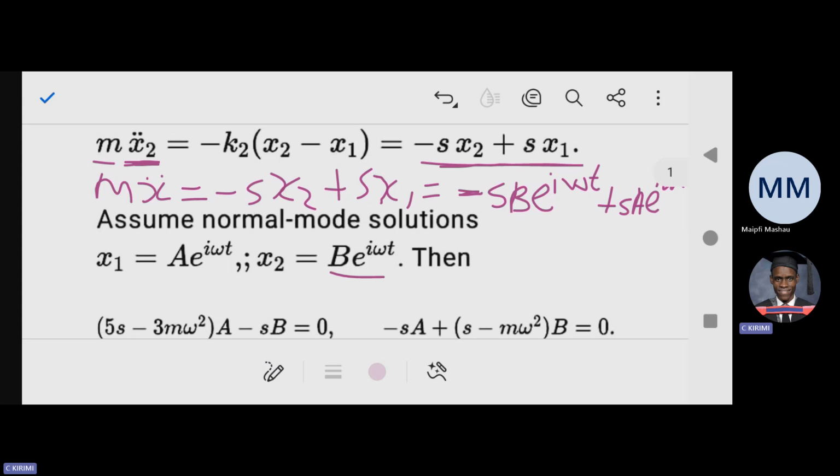I think you differentiated twice, if I'm not mistaken. Where did you differentiate once? The B e to the power i omega t. Between this one and this one, what is happening here?